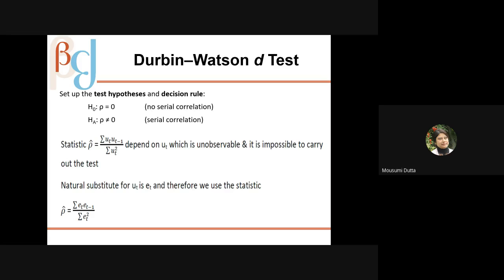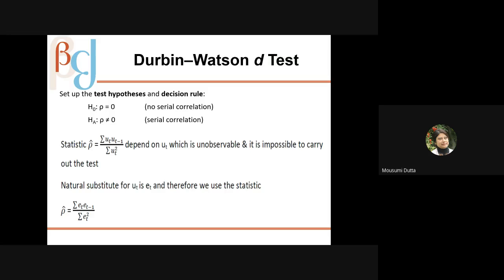So instead of considering the lagged value, which we have on the right hand side, the practice is, or Durbin and Watson first presented, this rho hat where they keep ut square in the denominator instead of ut minus 1 square, because it is difficult to interpret the lagged variable in the denominator.